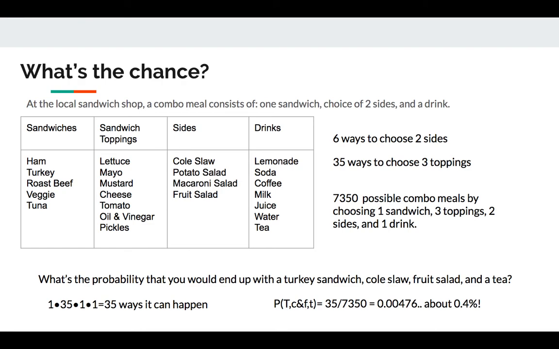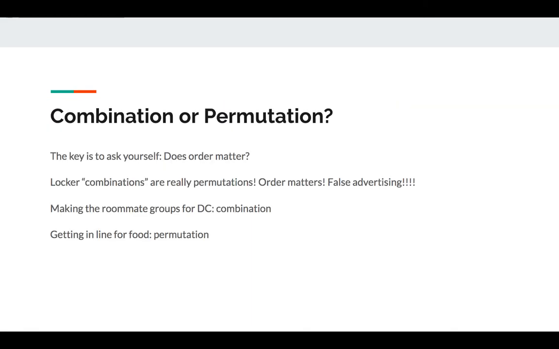And then there's only one way to get my coleslaw fruit salad, and then one way to get tea. So there'd be 35 ways to end up with the turkey sandwich, assuming we had the 3 toppings. And so the probability of the turkey, the coleslaw fruit salad, and the tea is 35 out of 7,350, or about 0.5%. Good to know, right?